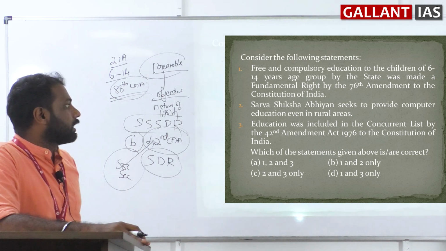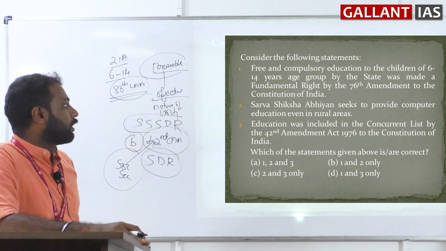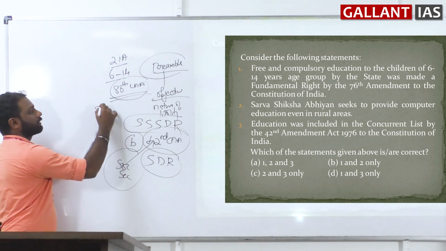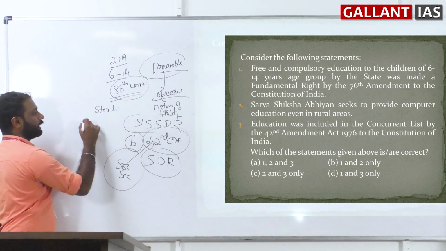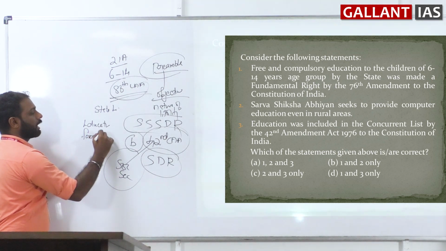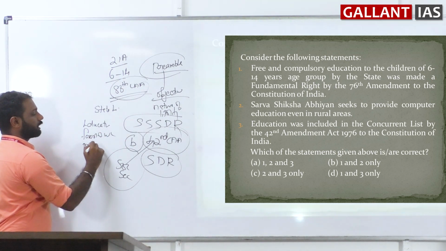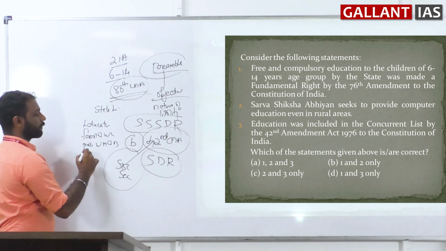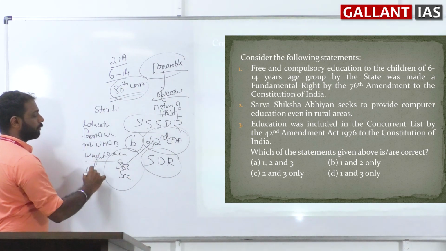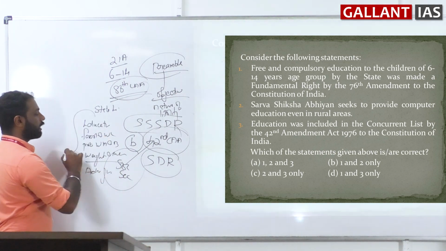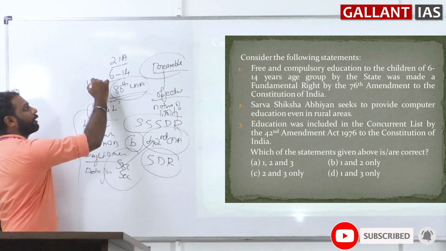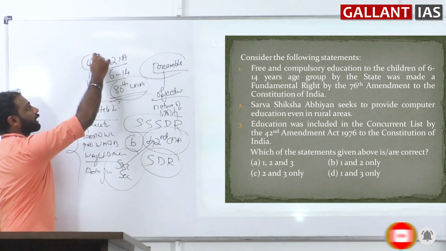And education was included in the concurrent list by the 42nd Amendment Act of 1976. Earlier, education was under the state list. Education, forest and wildlife, protection of wild animals and birds, weights and measures, and administration of justice: similarly, these 5 subjects were under the state list earlier, and through the 42nd Amendment Act, they were transferred to the concurrent list.